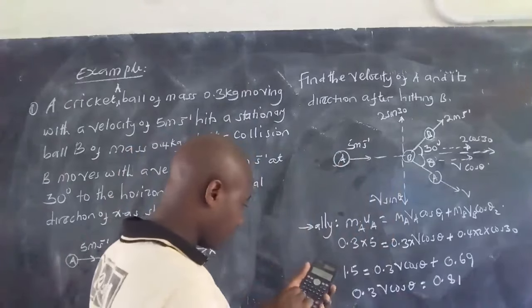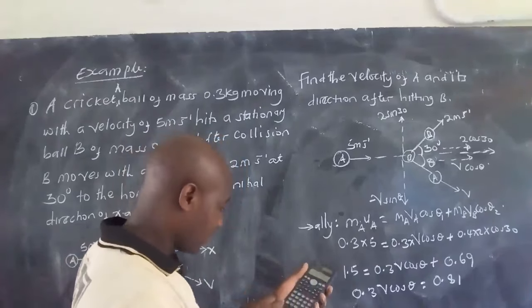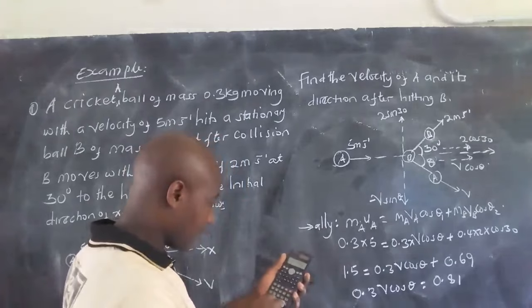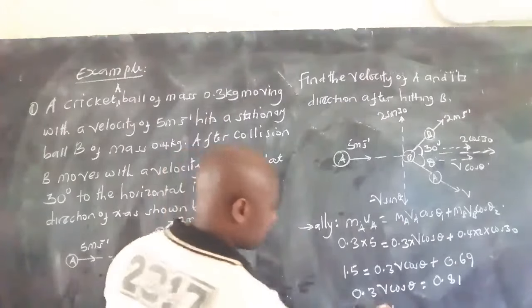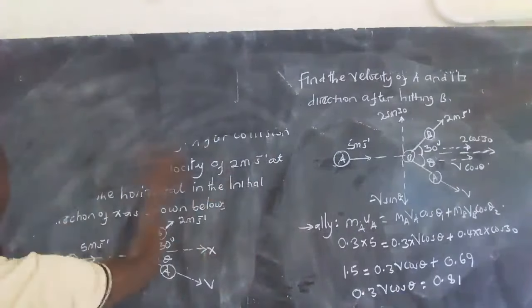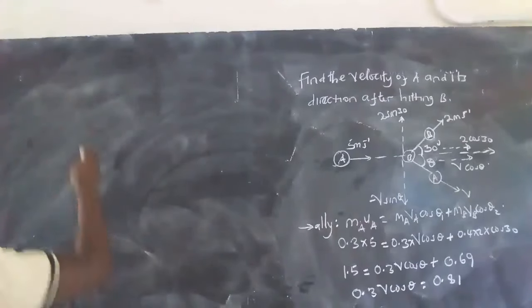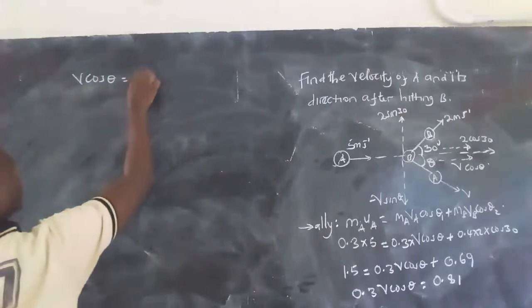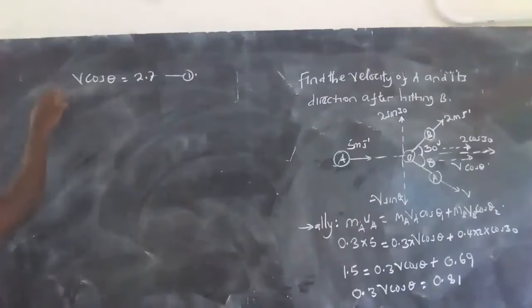Can I divide by 0.3? Oh, sorry, 0.81 divided by 0.3 is 2.7. So V cos theta is equal to 2.7. This is equation 1. Then we go to vertical motion.